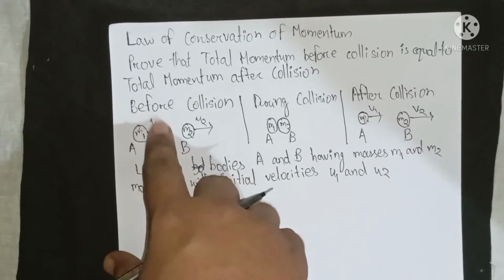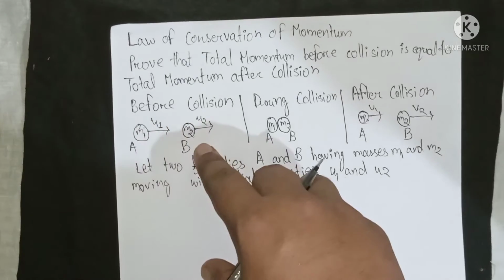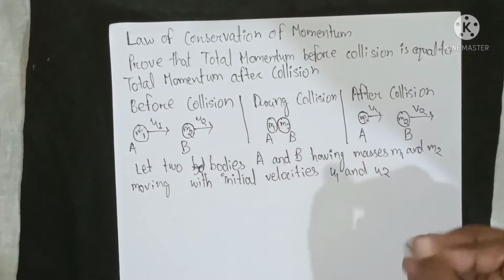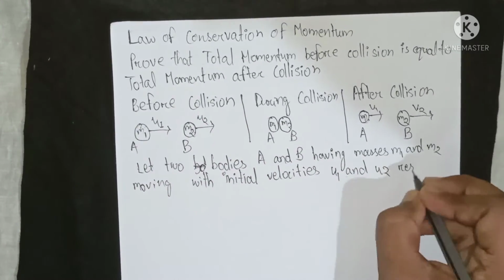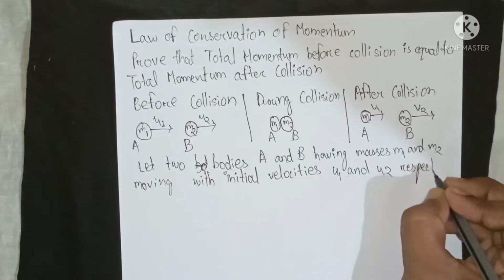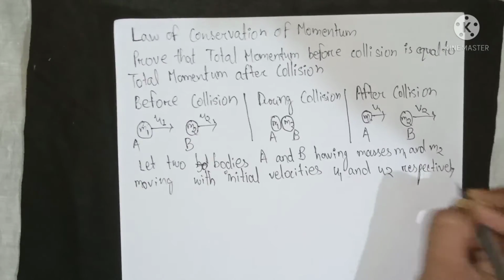As you can see, m1 has initial velocity u1 and m2 has initial velocity u2 respectively. This one is for this one and this one is for this one.